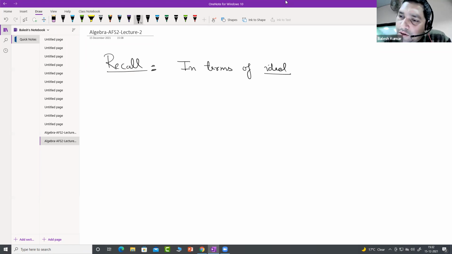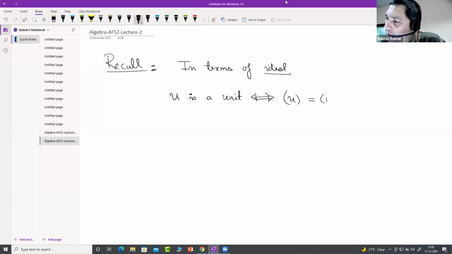So let me write one by one. First of all, U is a unit. This can be defined in terms of ideals: the ideal generated by U will be equal to the full ring R. This is the same as the ideal generated by one, the full ring R.